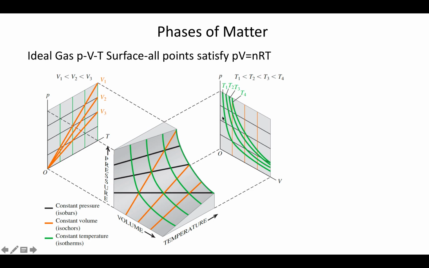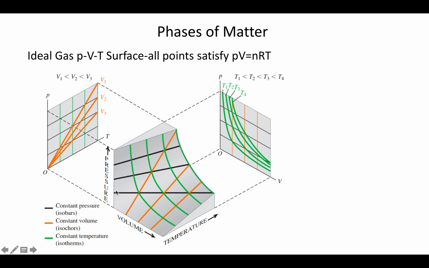So if you project this onto your three-dimensional curve, your PVT surface, this is what they look like. This is what your isotherms look like. Here on a PT surface, here are your isotherms. What are your isobars? Well, your isobars are lines of constant pressure here. Well, they sort of go along this way.